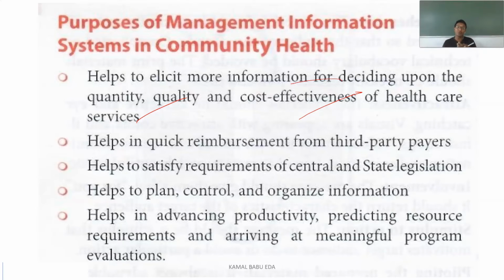In order to do those things, you need some data, and this data is mainly taken from management information systems. It also helps in quick reimbursement from third party payers. When you have proper information, this system gives you the cost effectiveness: how much amount there will be for a particular health issue, a particular surgery, or a particular procedure.